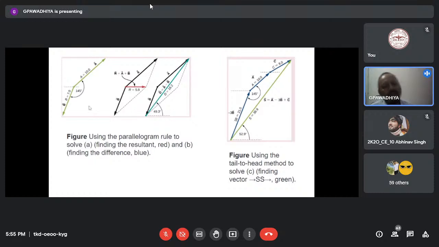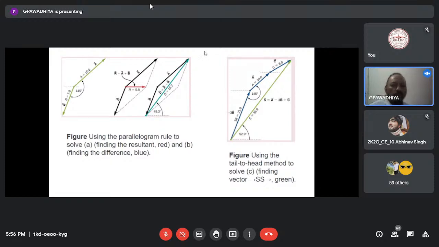Now, using the tail to head method, we can make a very interesting change in the parallelogram approach. This method is far superior when we do vector calculations. Usually, when a large number of vectors, more than 2, are there, the parallelogram is not suitable. So we go for the tail to head method.